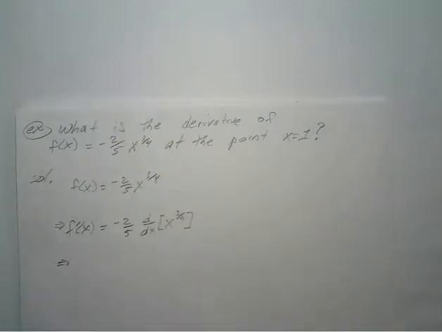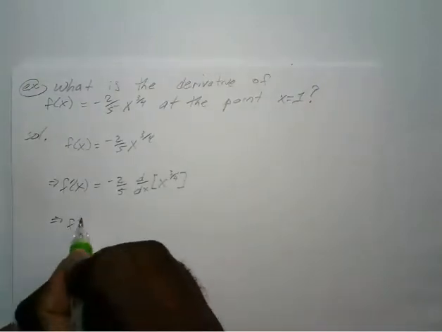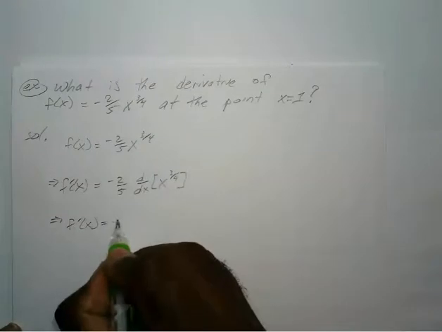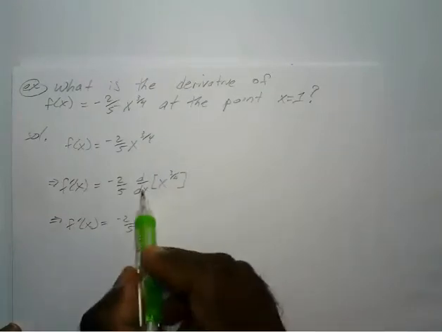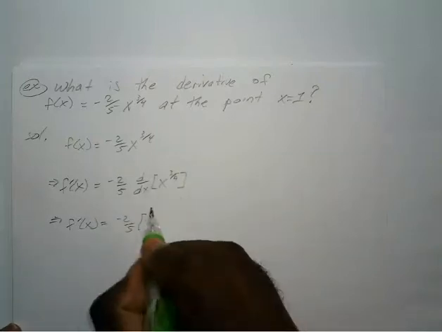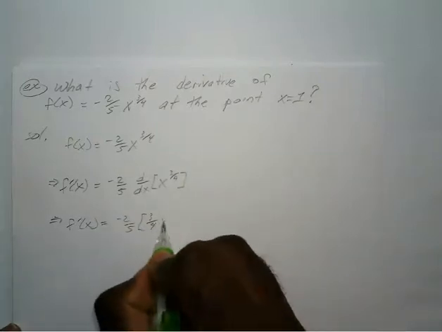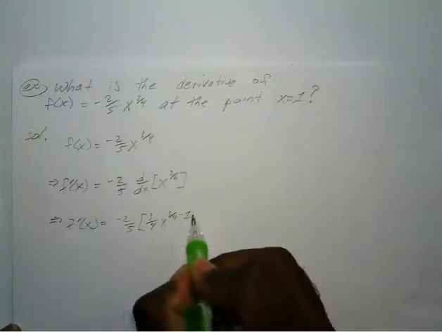Alright, let me bring this up a little bit. So f prime of x is going to equal negative 2/5 times the derivative of x to the 3/4 power. Remember, we take our exponent, bring it down to the front, and then we subtract 1.